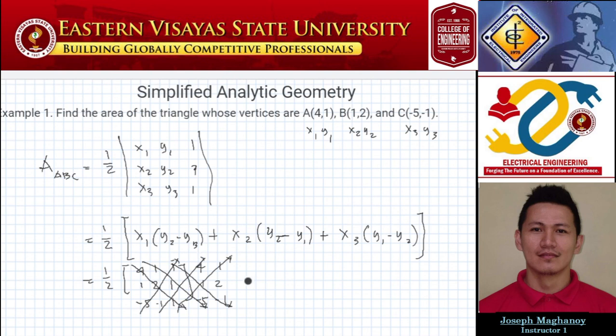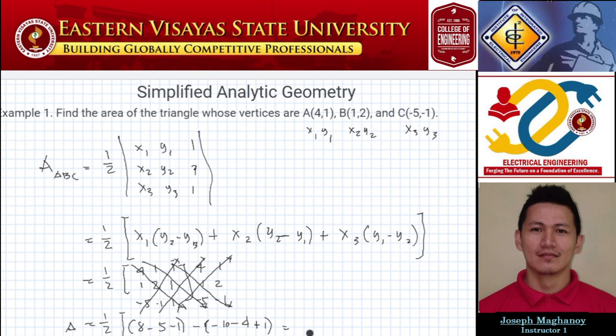Finally, your area is 1 half of 2 plus 13, equal to 15 over 2.